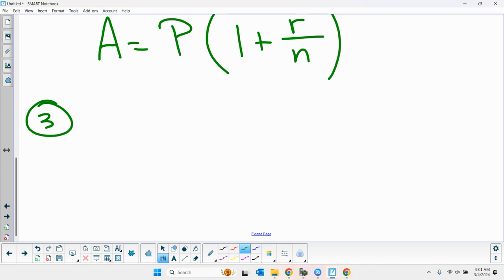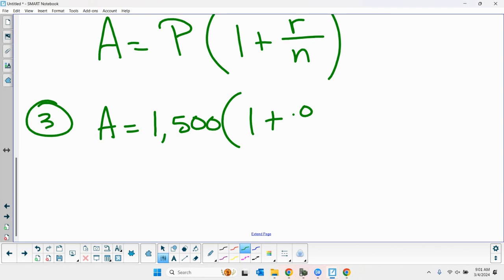So it said Tommy deposited $1,500 in an account that pays 4% interest, 0.04 when you put it in, compounded quarterly. How many times a year is that? 4. And it said for 2 years. You're going to put 4 times 2 up there, or what number? 8. You guys can do the 4 times 2 in your head, right? So just put to the 8th power.